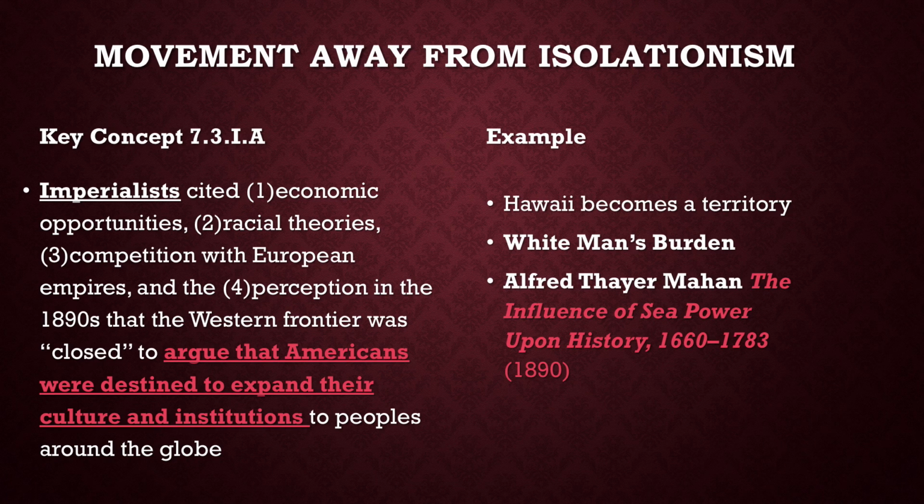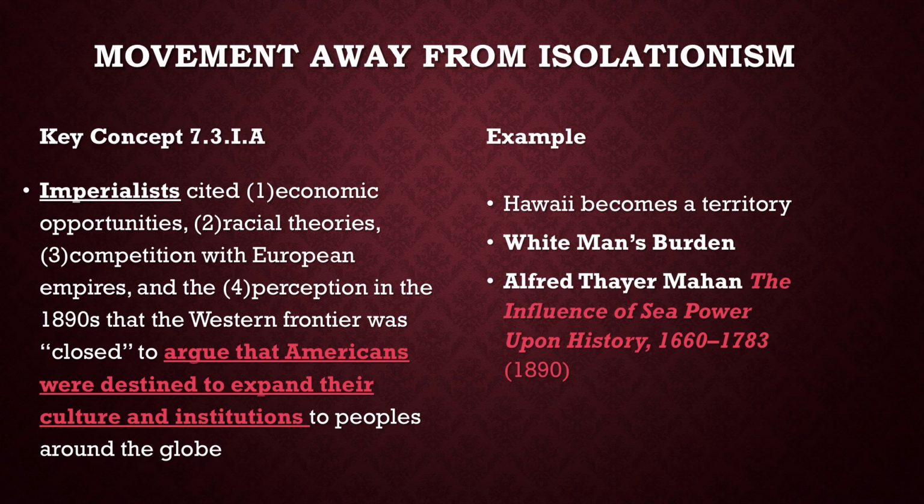Enter a captain in the United States Navy, Alfred Thayer Mahan. He writes a book, notice the year, 1890. The Influence of Sea Power Upon History, 1660 to 1783. Think about those dates. What European power has risen because of a massive navy between 1660 and 1783?